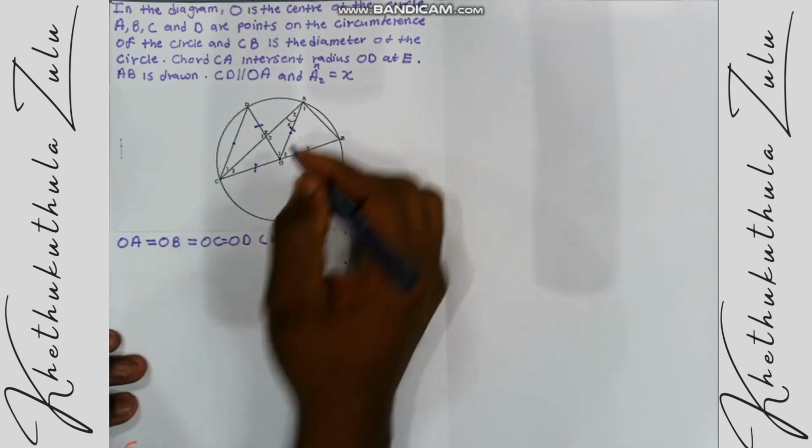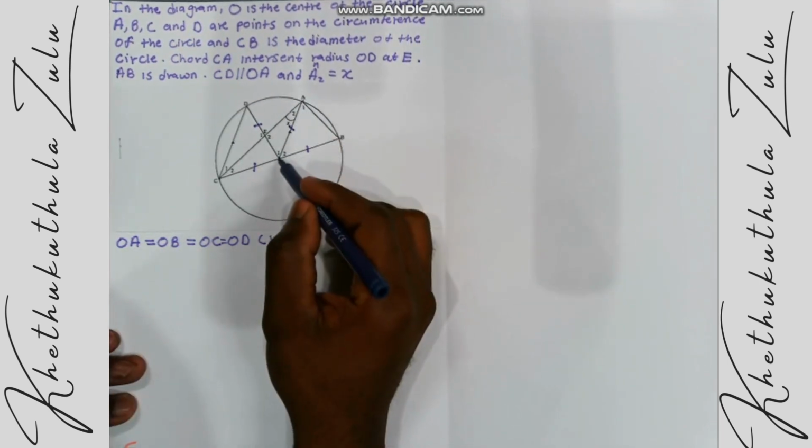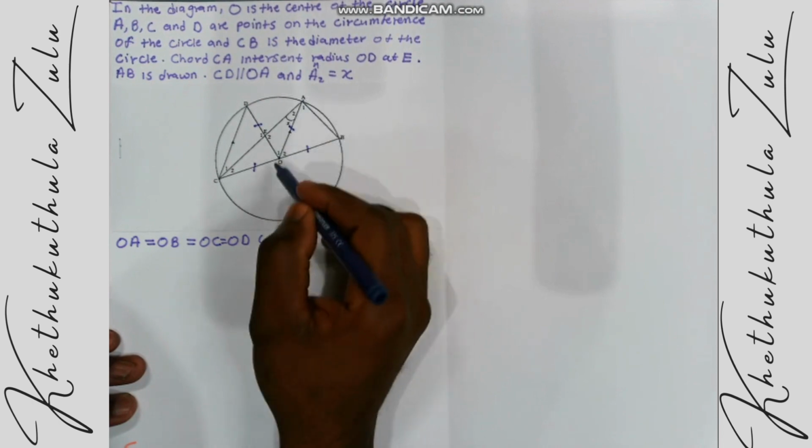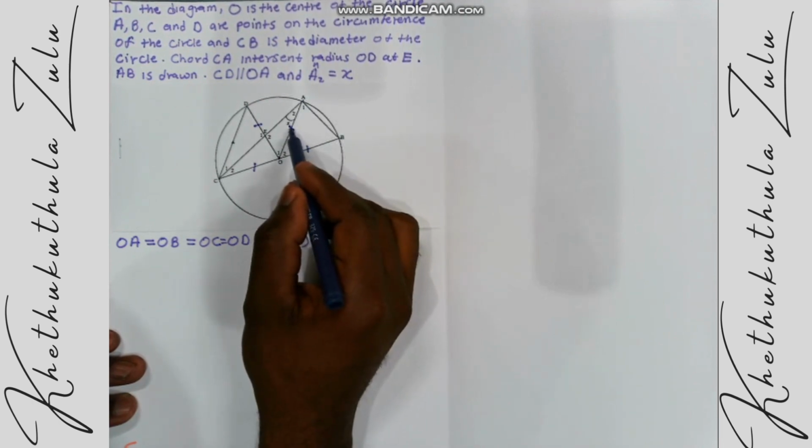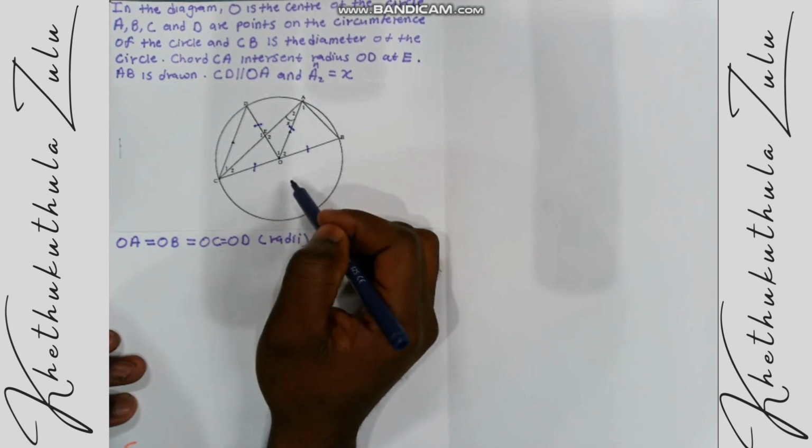Now if OA and OB are radii, this one is equal to this one. What does that mean?